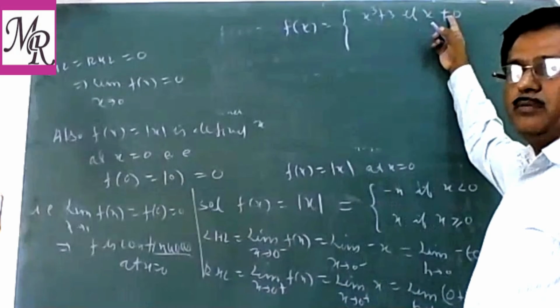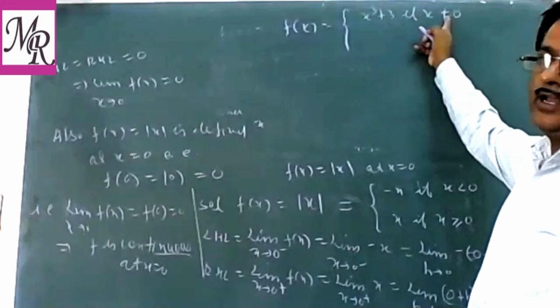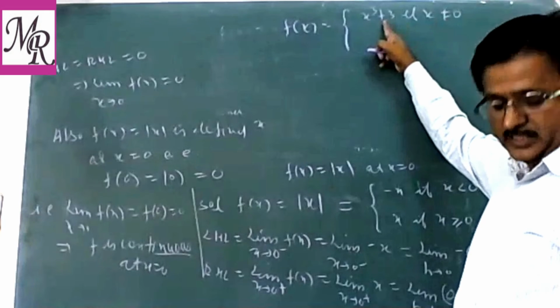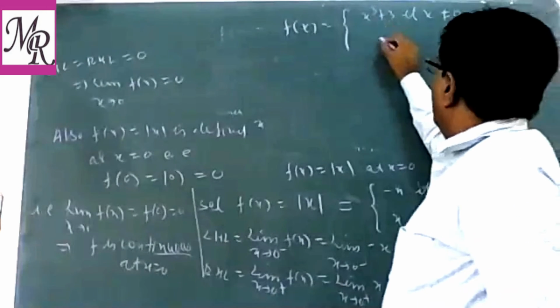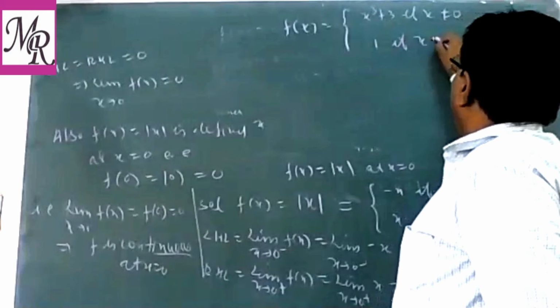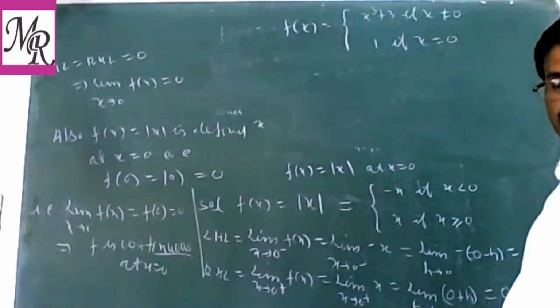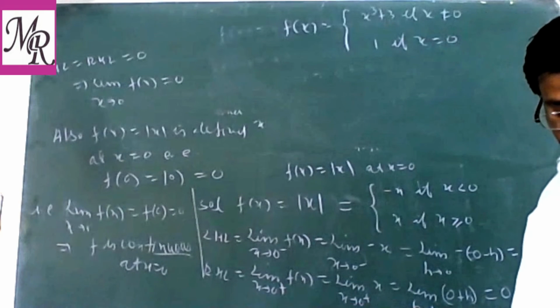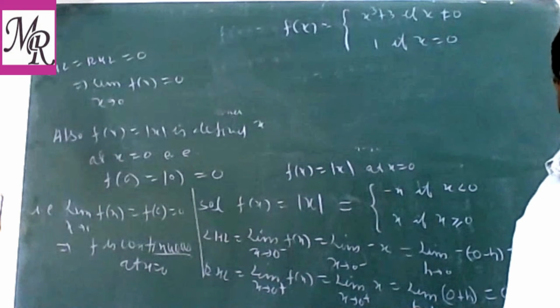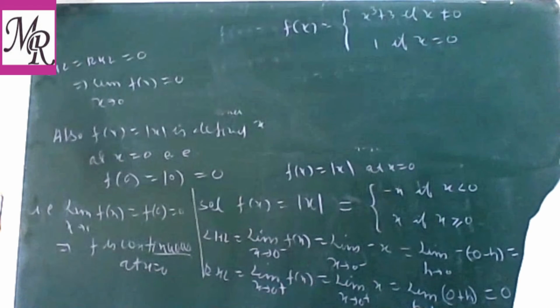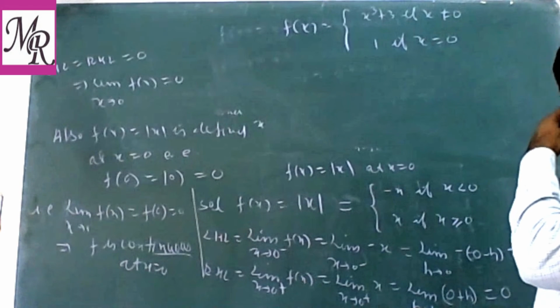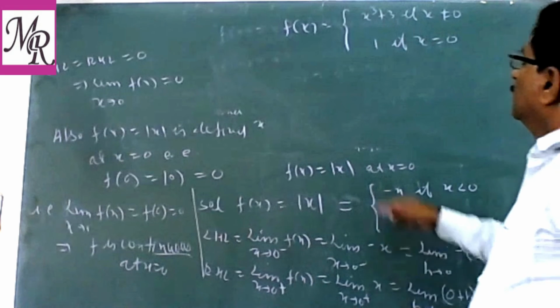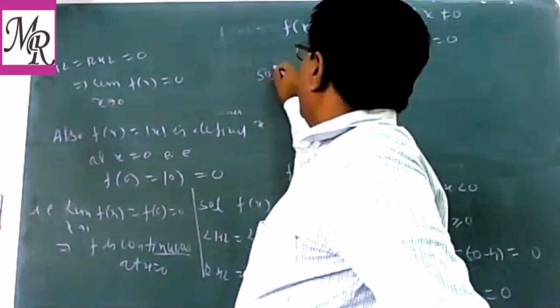When left hand limit, then the function is this; right hand limit, then this; the limit will exist. You have to prove this function is not continuous at x equal to 0. Correct? So here you can write the solution.